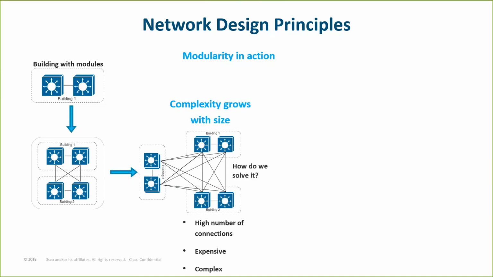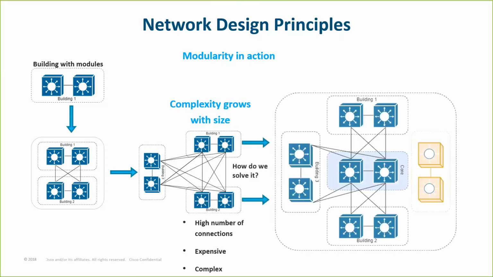So how do we solve it? Again, modularity saving the day. At least in this specific case, it's a very simplistic case, but it was a way to explain it in a not so complex way. Having the 3 buildings, before we had to connect them between them.